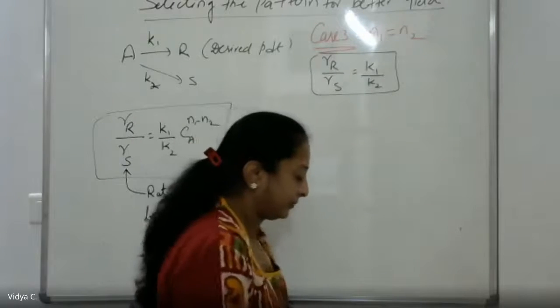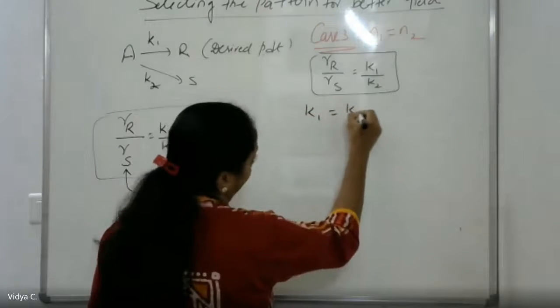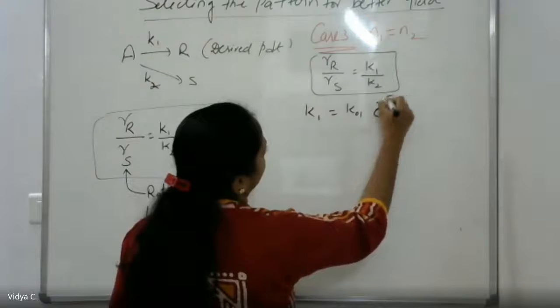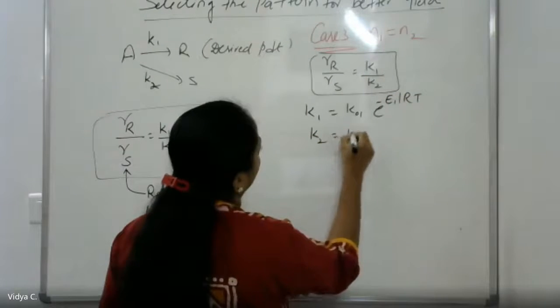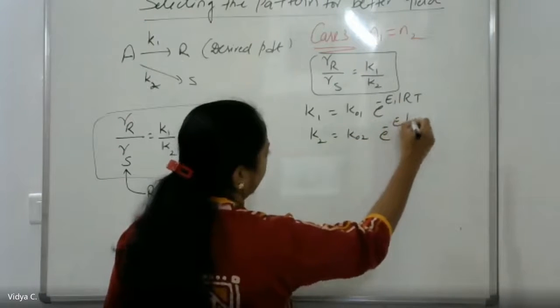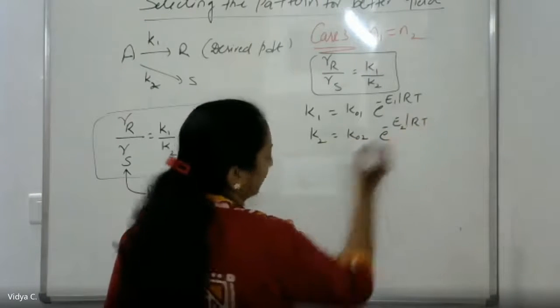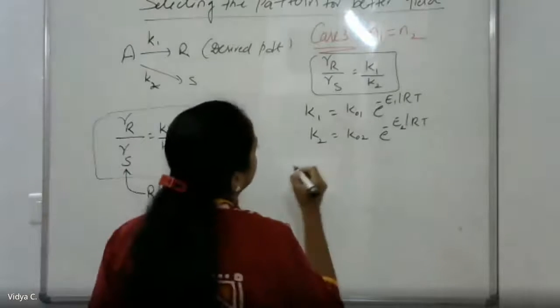I have taken K1 is equal to K01 e to the power of minus E1 by RT. K2 is equal to K02 e to the power of minus E2 by RT. Both of them I'm taking at the same temperature.